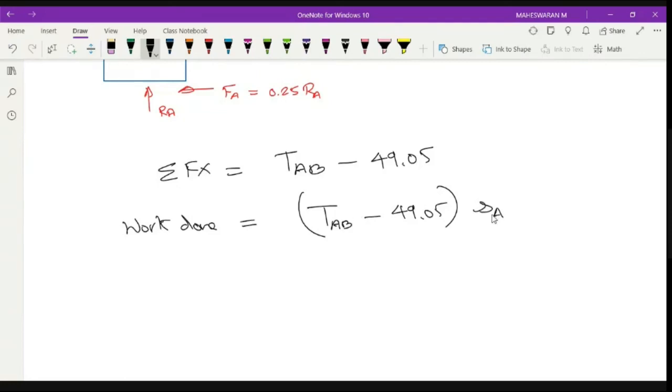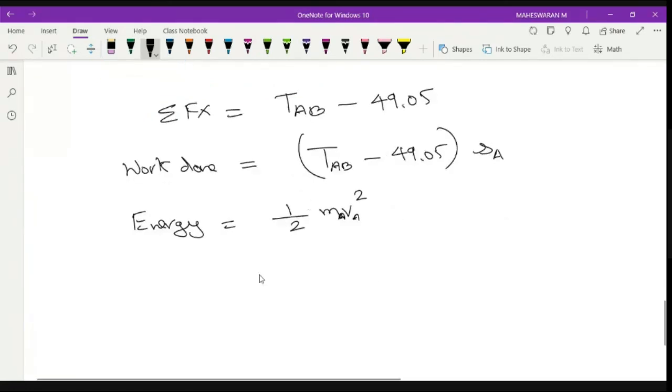Force into distance. That is my work done. Next, energy. Here only kinetic energy, which is half mv square, right? So half m. So m is ma. This is also ma va, right? So which is equal to.